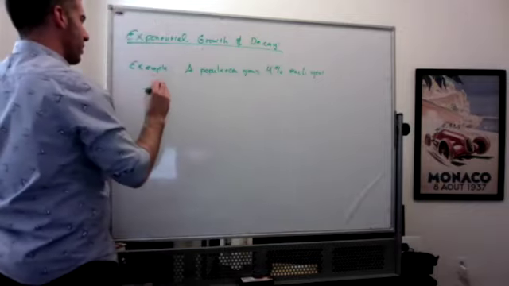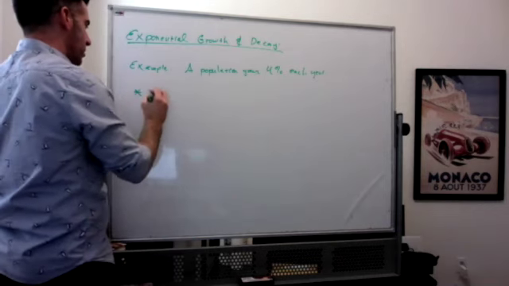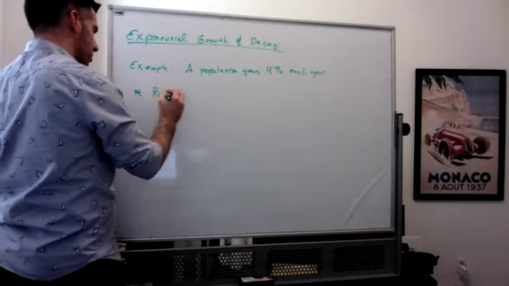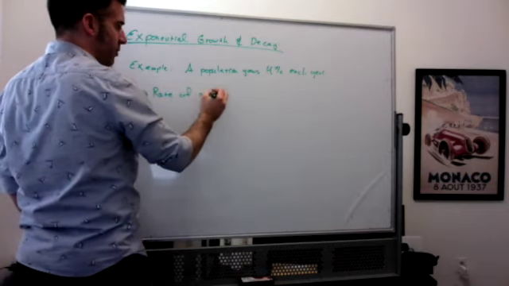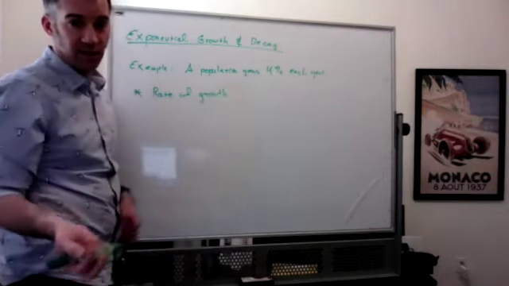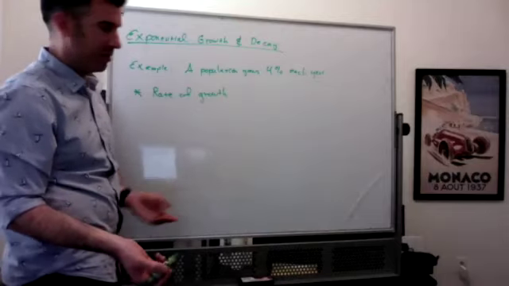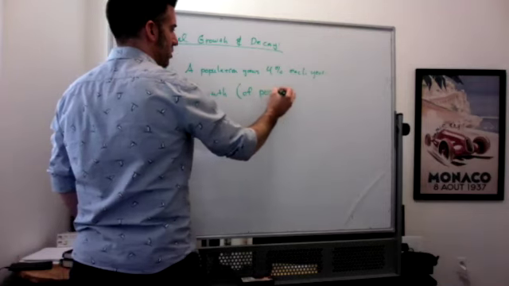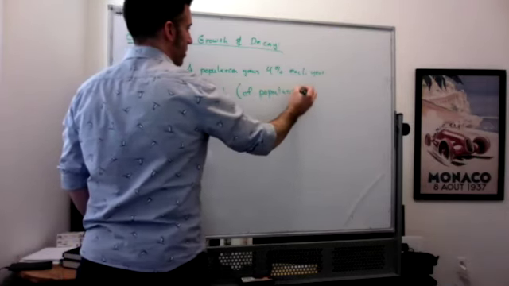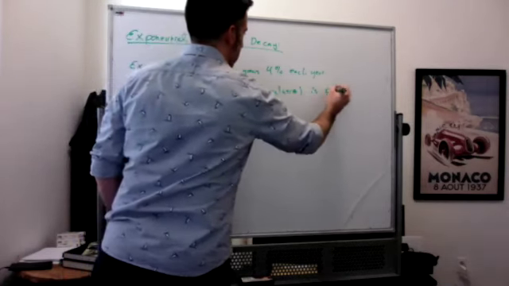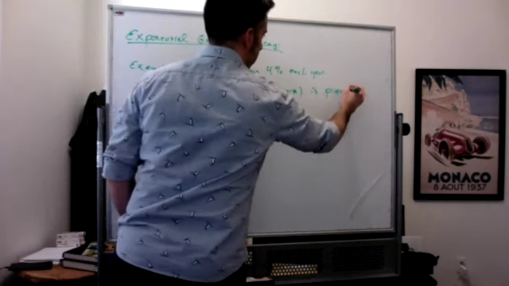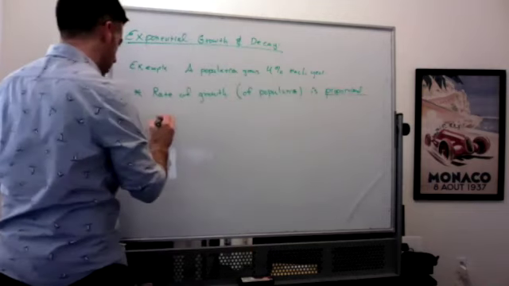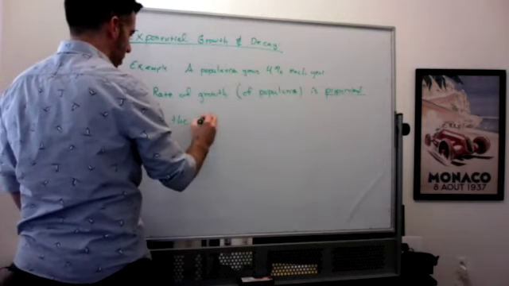But the important thing here is that the rate of growth of a population, but there are lots of things that grow or decay exponentially. The rate of growth of your population, for example, is proportional to the population size.